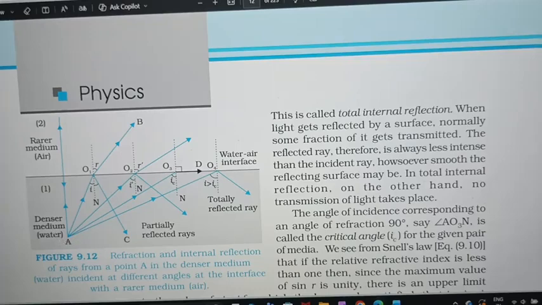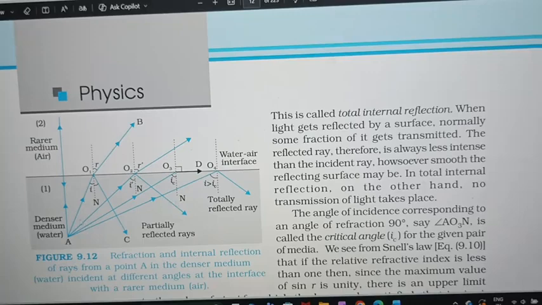From here one ray is going, a part of it will get reflected back, a part of it will get refracted. Same thing with the other ray. This is internal reflection. But if a part of it is not getting refracted and is only getting reflected, that is total internal reflection.